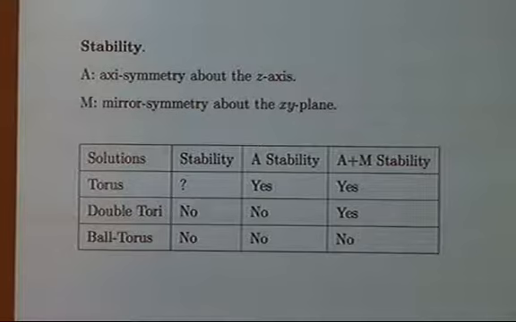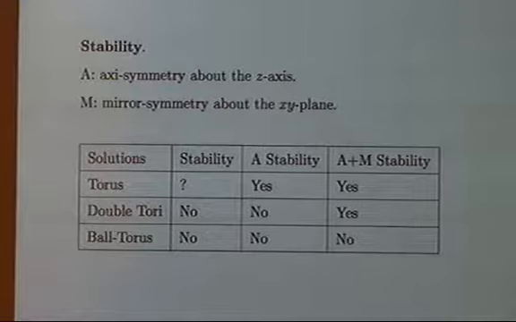When you look at these three objects, all of them have two symmetries. One is the axis symmetry around the z-axis, rotational symmetry. And they also have the mirror symmetry about the xy plane. If you look at the stability among all sets without symmetry, then unfortunately, I don't know whether the torus is stable or not.